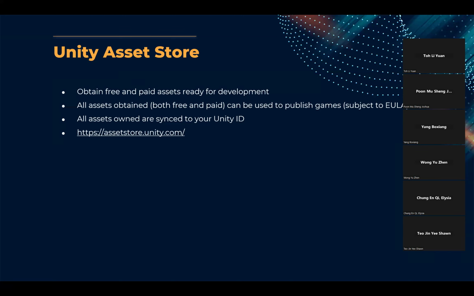All assets that you obtain through this asset store can be used to publish games, but they might be subject to some end user license agreement. The assets that you've bought, whether they are free or paid, will be synced to your Unity ID. This is the ID that you used to obtain a free personal account, as well as register your Unity Hub with.